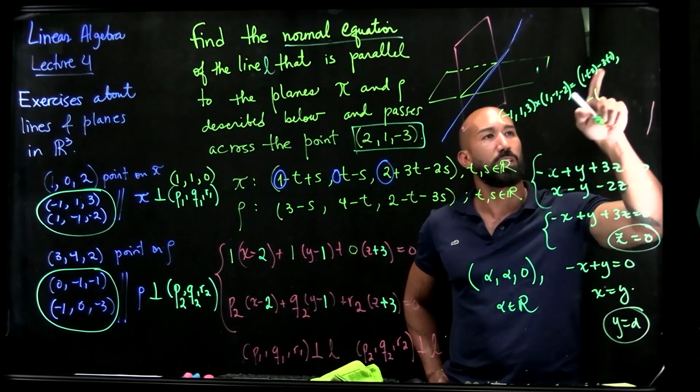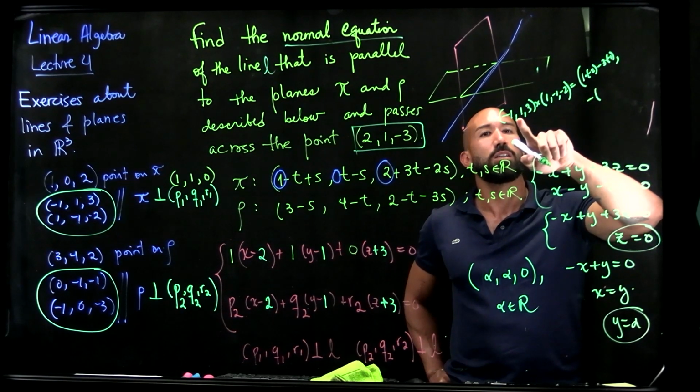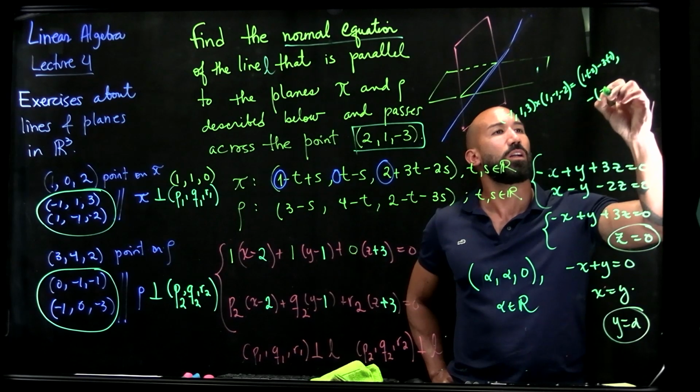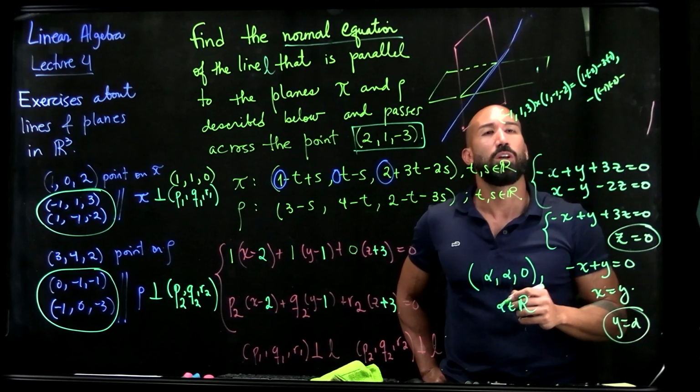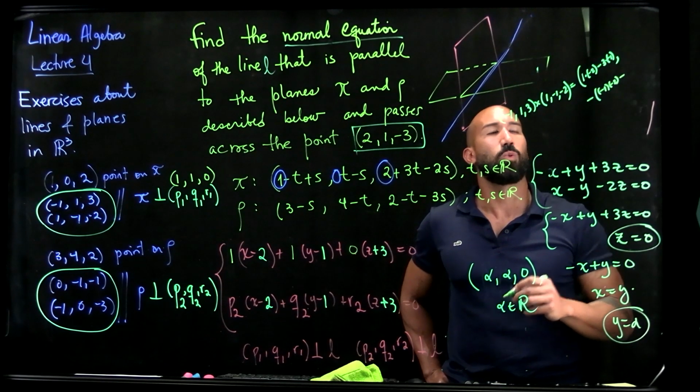The second component is going to be minus, minus 1 times minus 2 minus 1 times 3.